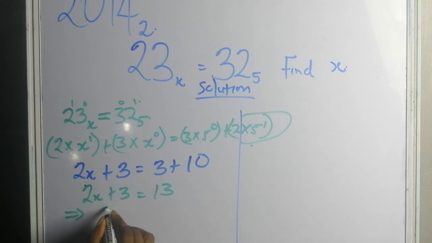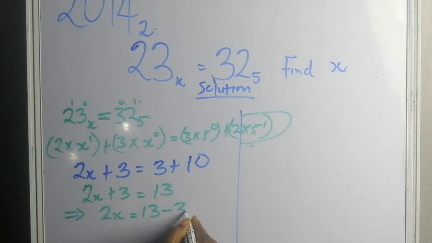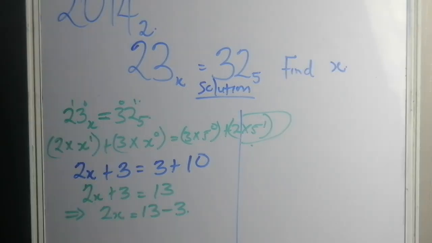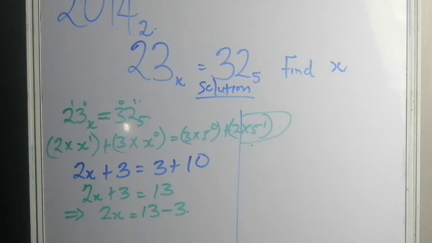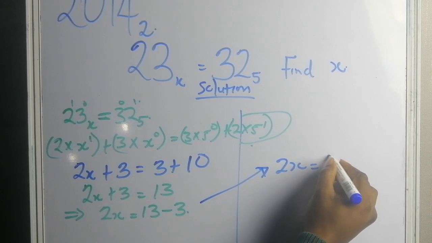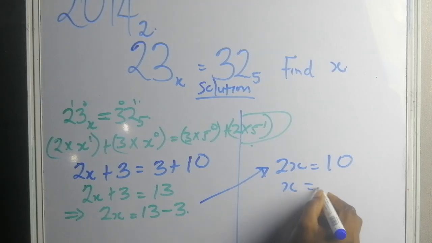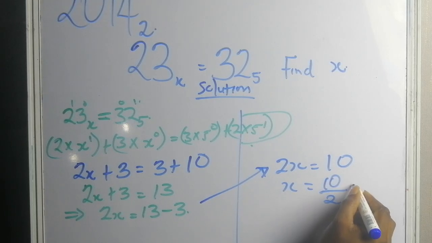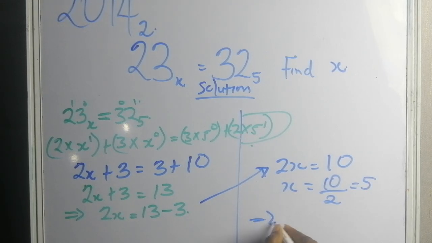So 2x equals 13 minus 3, because the positive 3 is jumping the equal sign and changes to negative. So 2x equals 10. x will be 10 divided by 2, which is 5, so x is equal to 5.